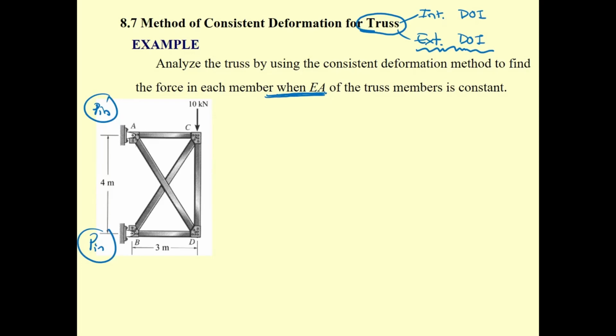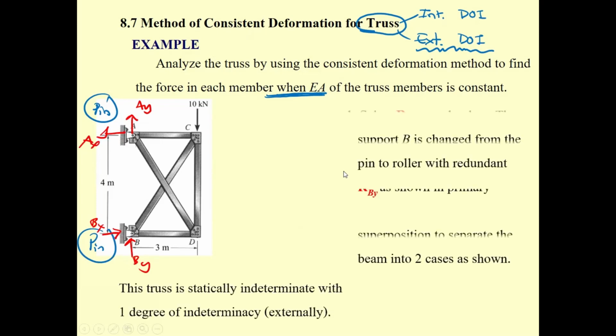We start by checking the degree of indeterminacy. The task will have A sub Y, B sub Y, B sub X, and also A sub X.